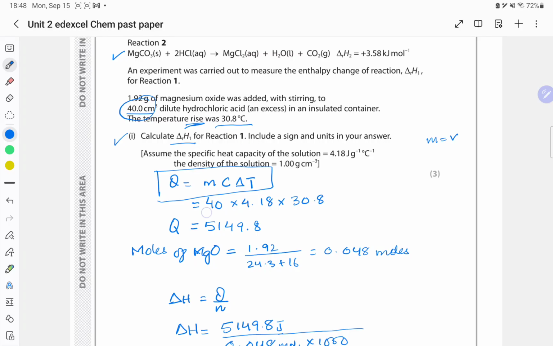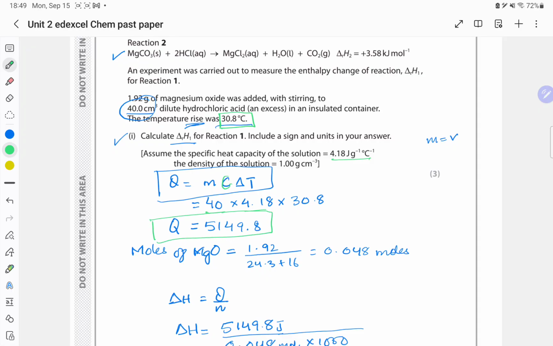So we have placed 40 here. Then c is the specific heat capacity, and the value is given to us. We place it over here, and 30.8 degrees centigrade is the rise in temperature, so delta T is this. In this way, you find the value of Q.